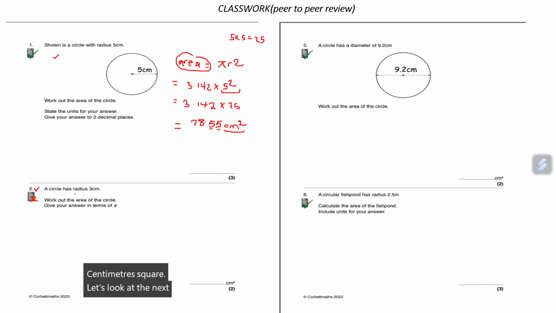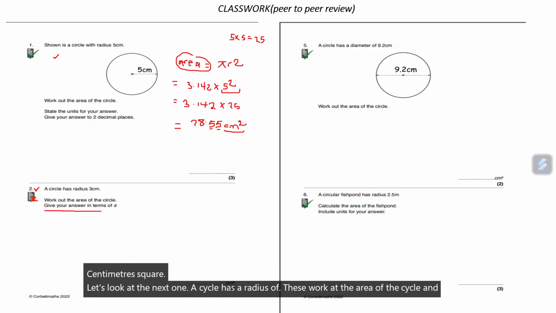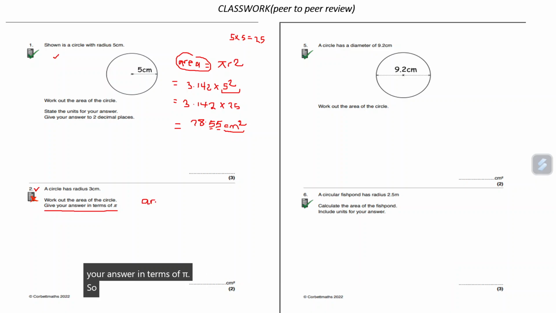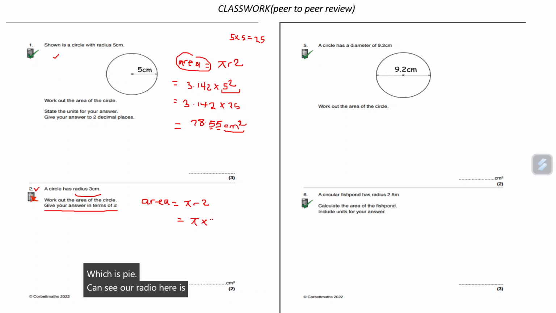A cycle has a radius of this. Work out the area of the cycle and give your answer in terms of pi. So our area is equal to pi r squared, which is pi times, you can see our radius here is 3 centimeters, so 3 squared.